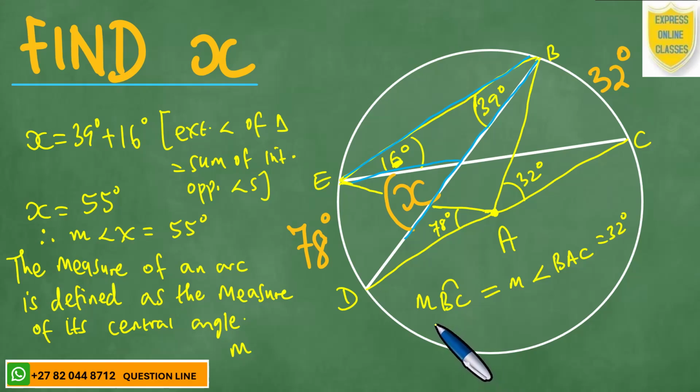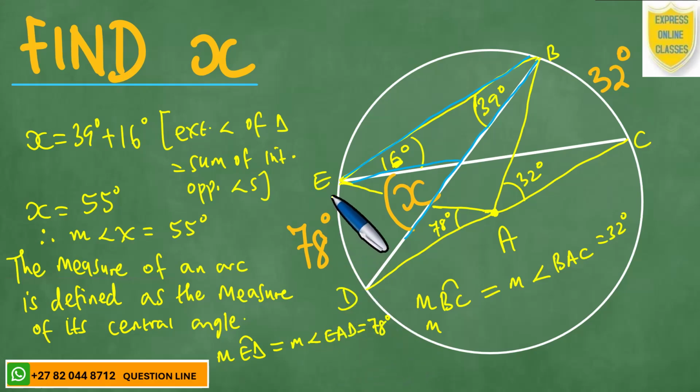We also observe the following. The measure of the arc ED is also equal to the measure of the central angle EAD, which is 78 degrees.